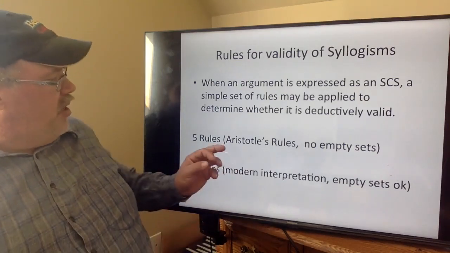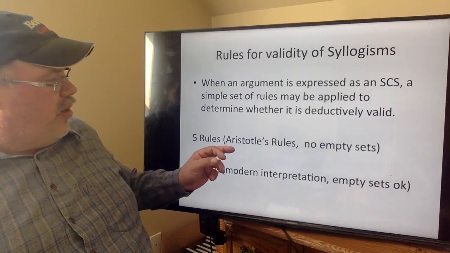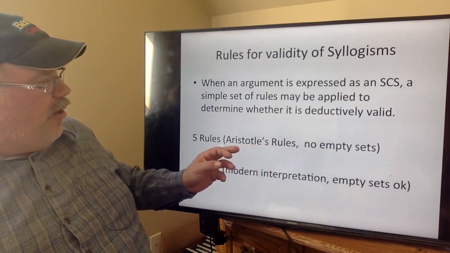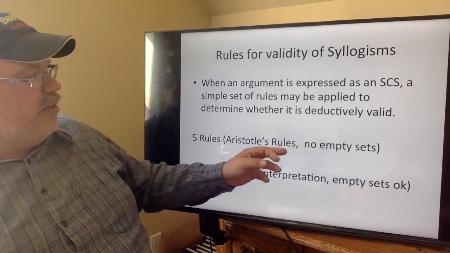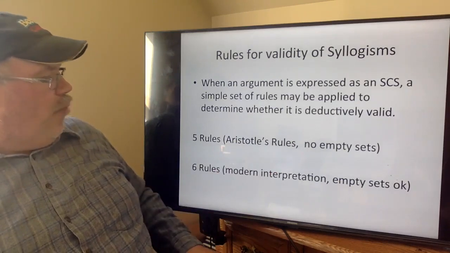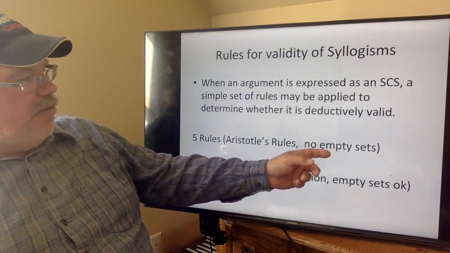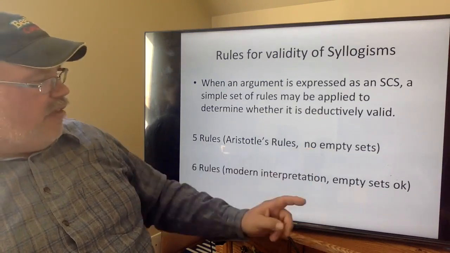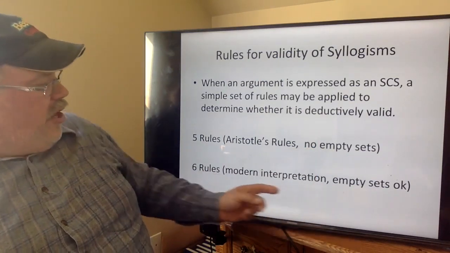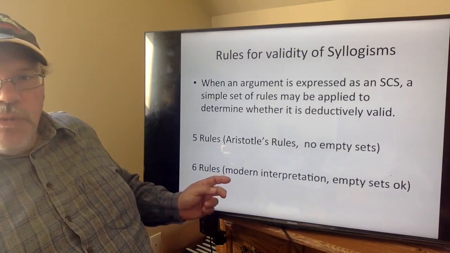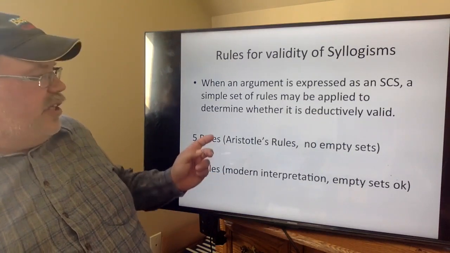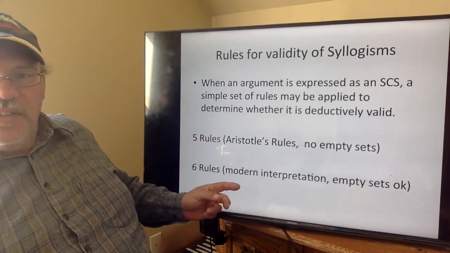So basically, we're going to work with the traditional interpretation. People often think of this as the Aristotelian way, where there's 5 rules, and that system doesn't allow there to be empty sets. If you have empty sets, you need one extra rule. So I'm going to teach you the 5, and then we'll add the 6.